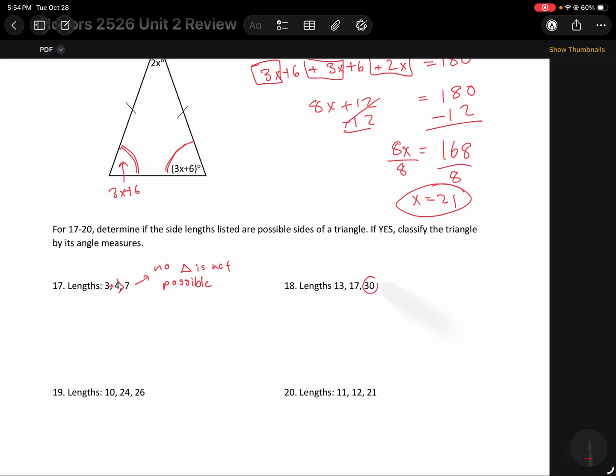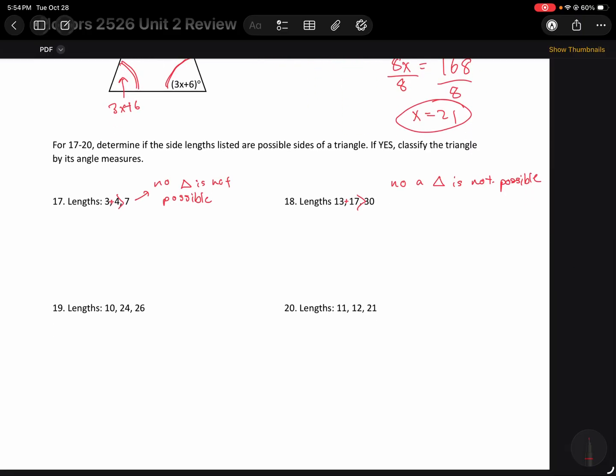Okay, this one, 30 is my biggest. 13 and 17 are not bigger than 30. So again, this is going to be a no. A triangle is not possible. Okay, for this one, the biggest number is 26. These two add up to be bigger than 26.